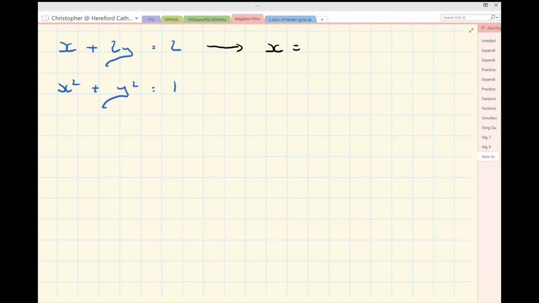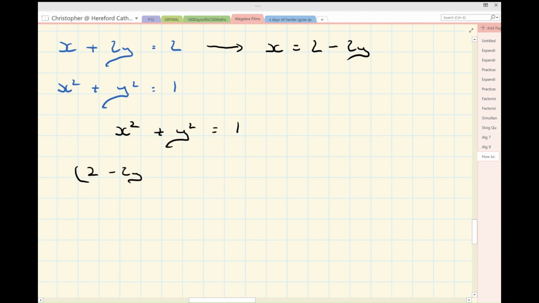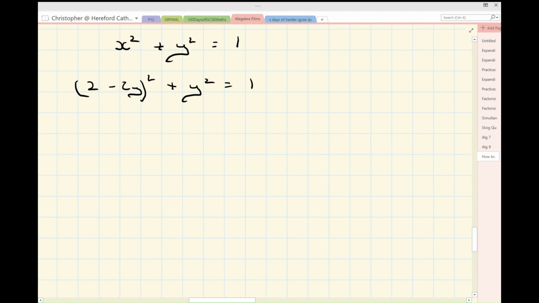So I've got x equals 2 take away 2y. So I'm going to write down the second equation, and then I'm going to substitute 2 minus 2y into that equation instead of the x. Okay, remembering that 2 minus 2y squared is 2 minus 2y multiplied by 2 minus 2y.